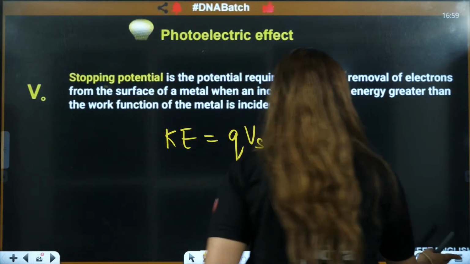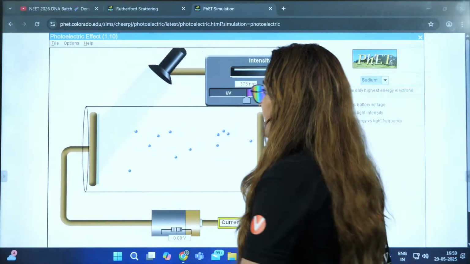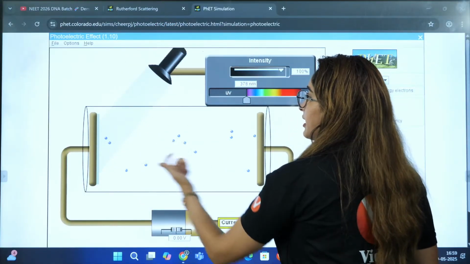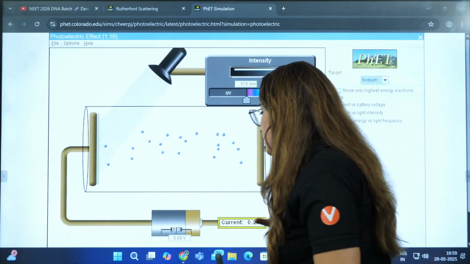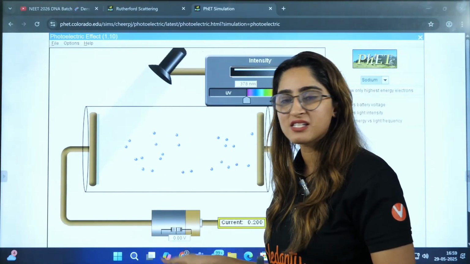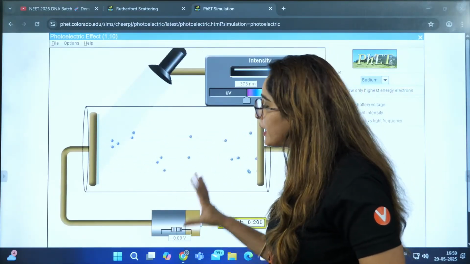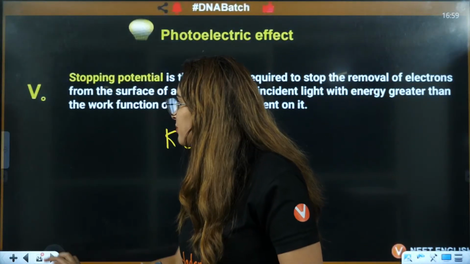Okay, let's see this here. You are giving the incident light and the electron is being ejected. At one point, if you want to stop it, you will have to put the external potential here so that you can make it stop. That is called the stopping potential.